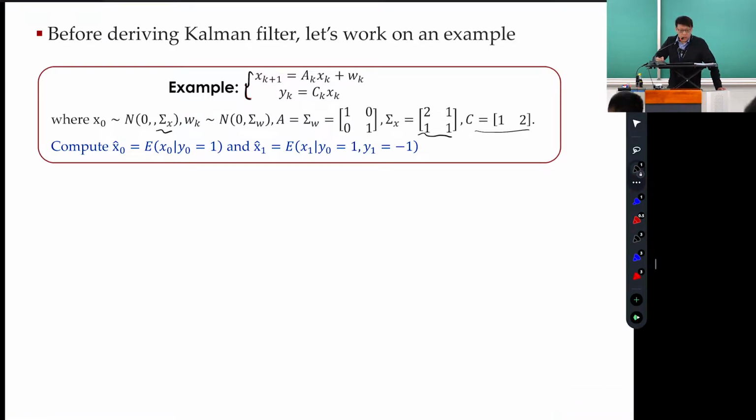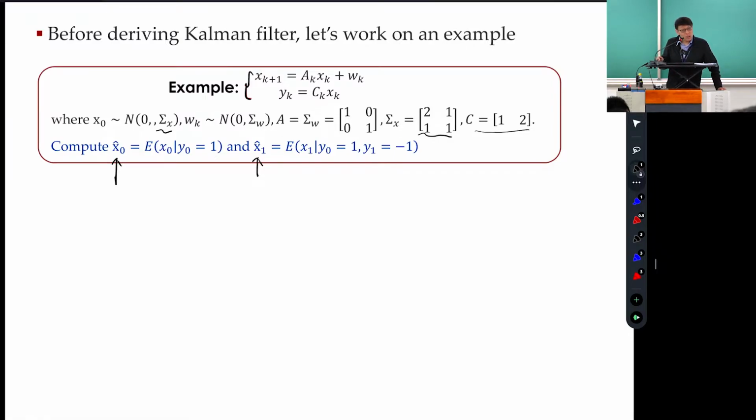Now I'm asking you to compute two things, x1 hat and x2 hat. Our notation says x0 hat is the best estimate of x0 given measurements up to y0, and x1 hat is the best estimate of x1 given measurements up to y1.